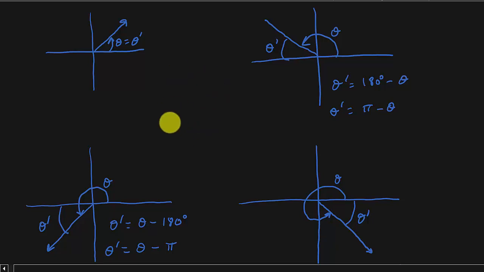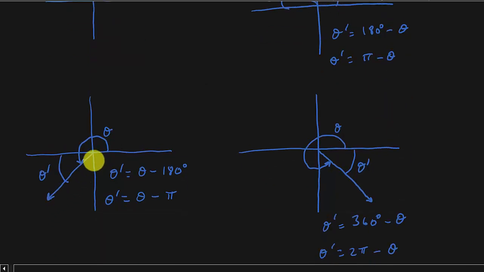But then if your terminal angle is in the second quadrant, here's your reference angle. So how do we find the reference angle? Well, if we do 180 minus theta, that gives us our reference angle. Or if you're in radians, it would be pi minus theta.